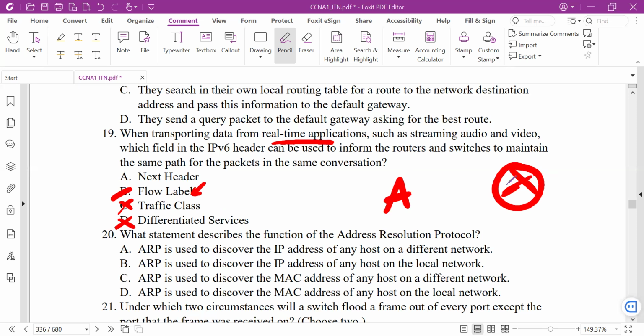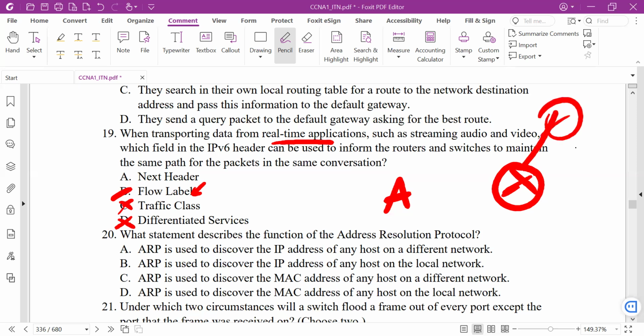My packets labeled A are directed to the same path to the destination network. If they are not labeled, the router sends them to the best path. There's a difference.